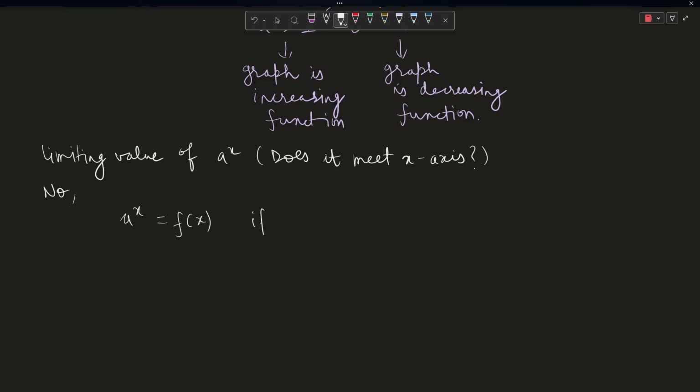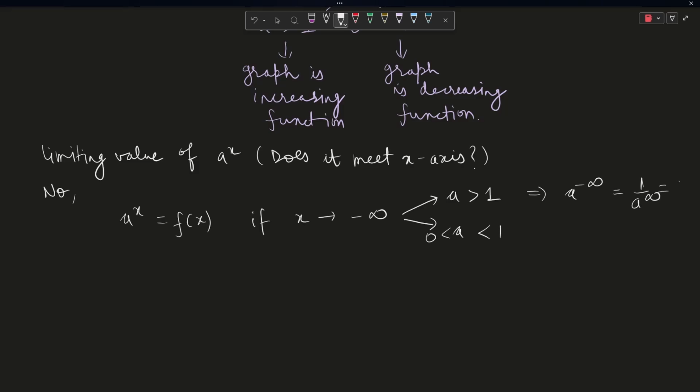So if x tends to minus infinity, then in two cases we have to discuss. Either a is greater than 1, or a is less than 1 and greater than 0. If a is greater than 1, then a to the power minus infinity will be 1 upon a to the power infinity.